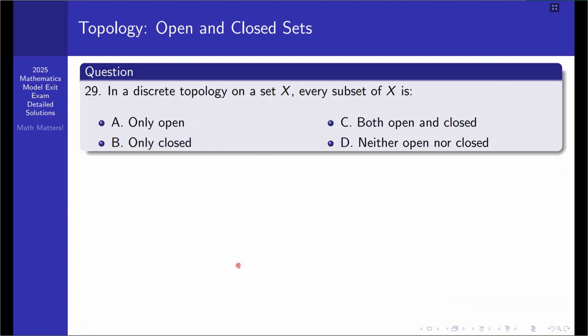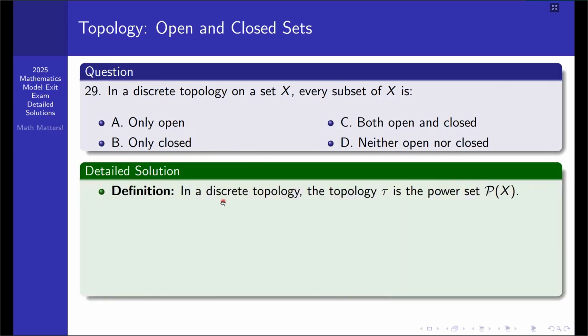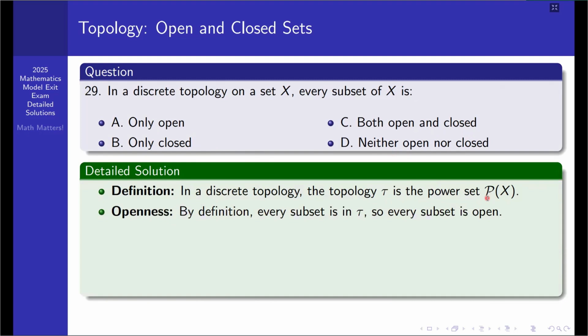Question number 29. In a discrete topology on a set X, every subset of X is: open only, closed only, both open and closed, neither open nor closed. So let us see the definition first. In a discrete topology, the topology tau is the power set of X. Then when we see the openness, by definition, every subset is in tau, so every subset is open.